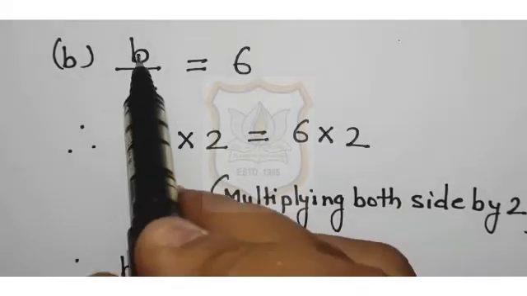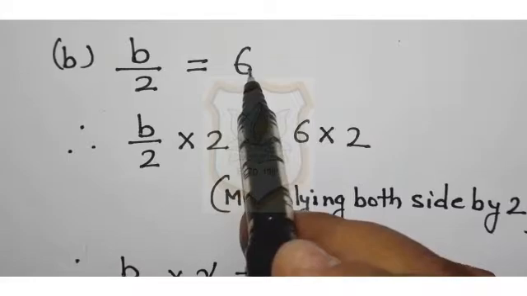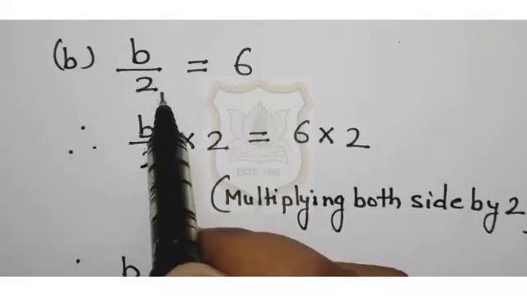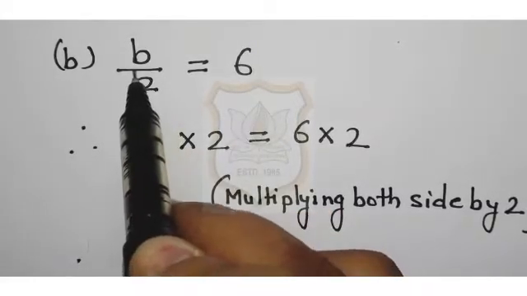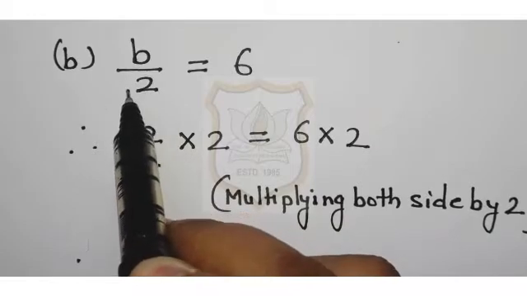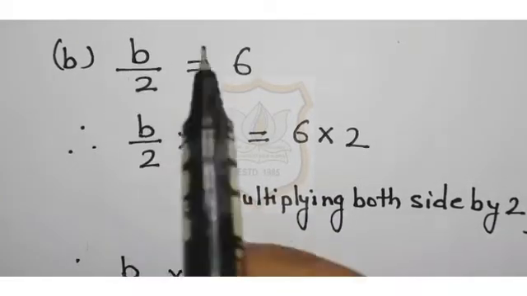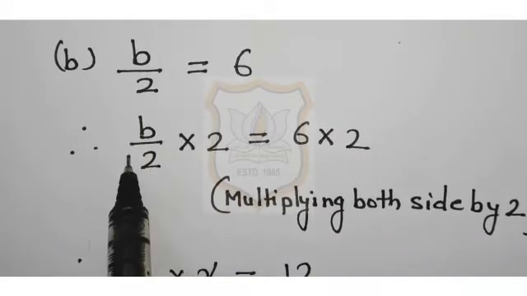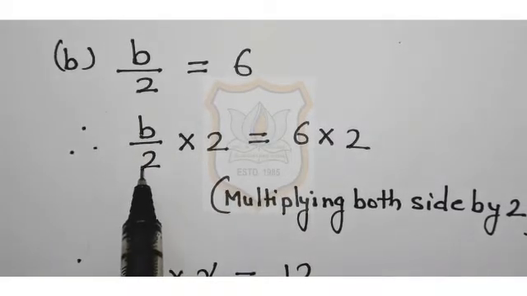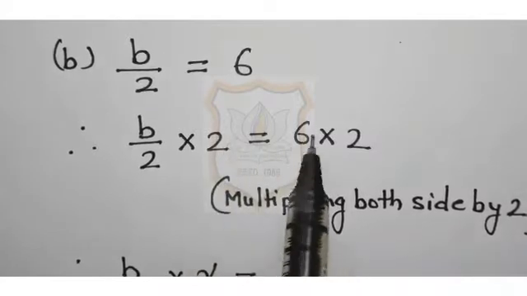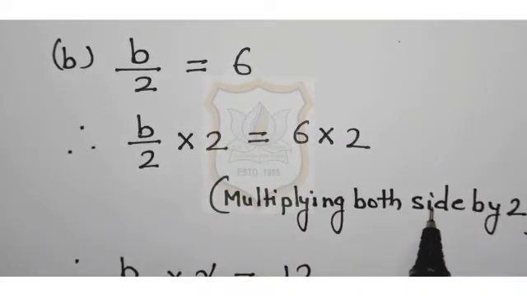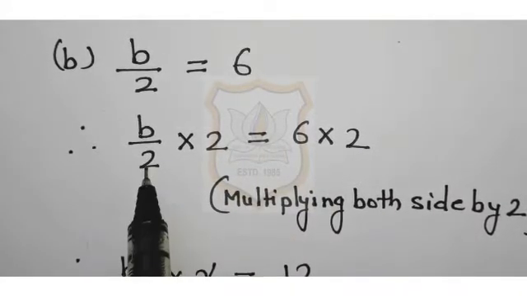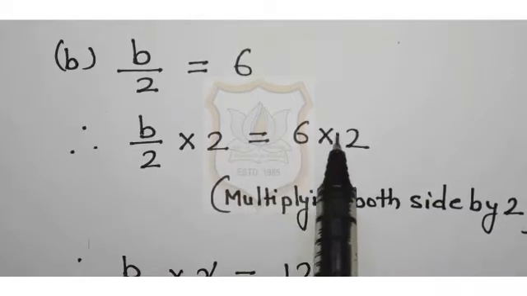B part is B upon 2 is equal to 6. Now this constant term 2 is to be removed, and this B is to be isolated. So to remove this constant term 2, we have to multiply both sides of the equation by 2. So multiplying both sides by 2, B upon 2 into 2 and 6 into 2.